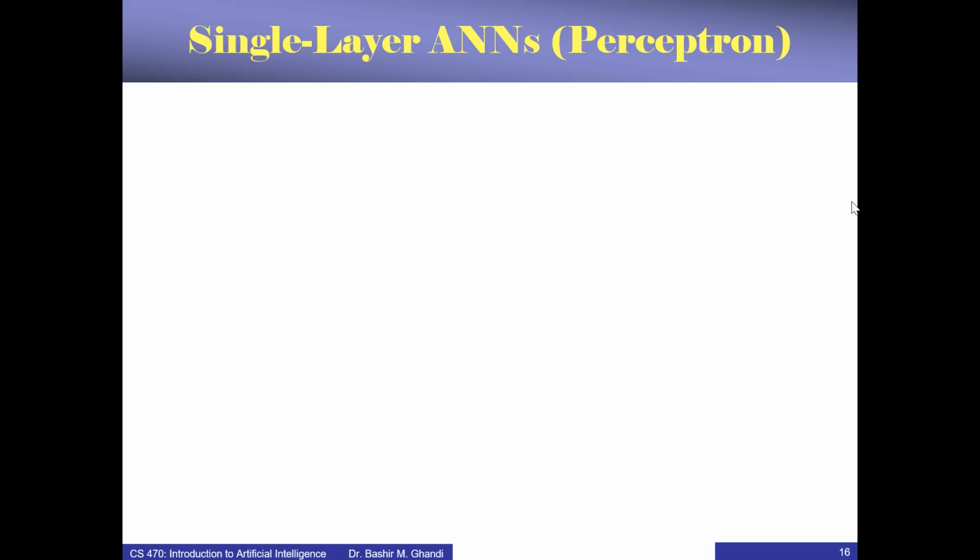especially to learn how they actually learn from examples, because that's the main purpose of this lecture. How do we train a network to learn by example? I'm going to start with the simplest of neural networks, which is the perceptron, single layer artificial neural network.